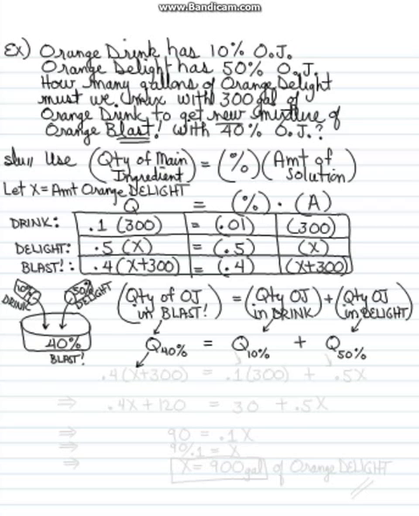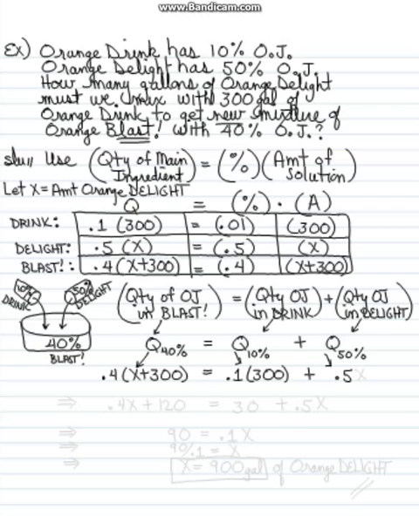Look at the table. Q sub 40% for the blast is 0.4 times (X plus 300). Bring down the equal sign. Replace Q sub 10% by what's in the Q column for the drink. It's 0.1 times 300 plus Q sub 50%, from the table, it's just 0.5 times X.